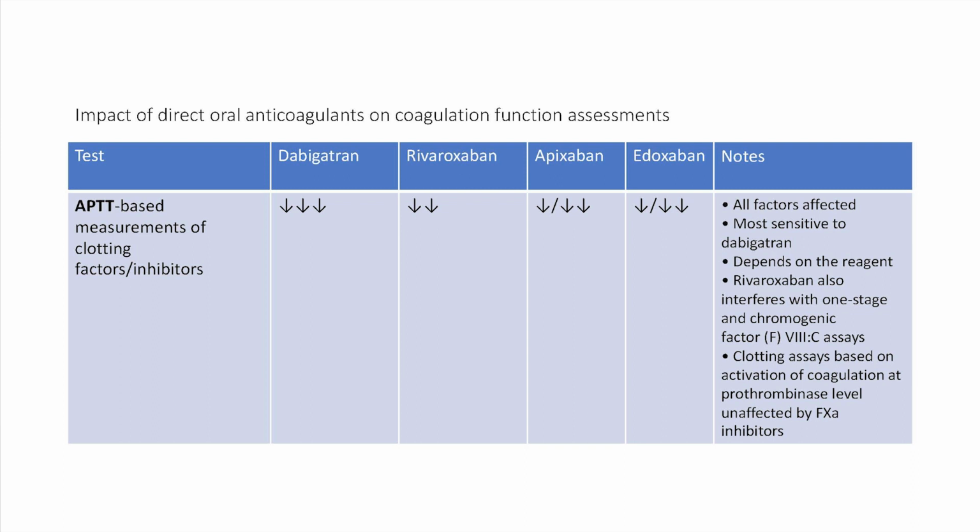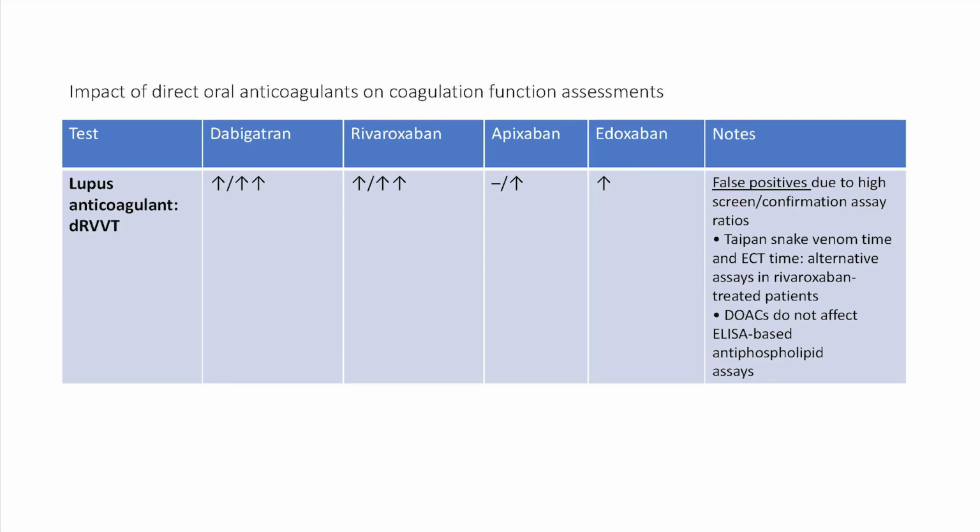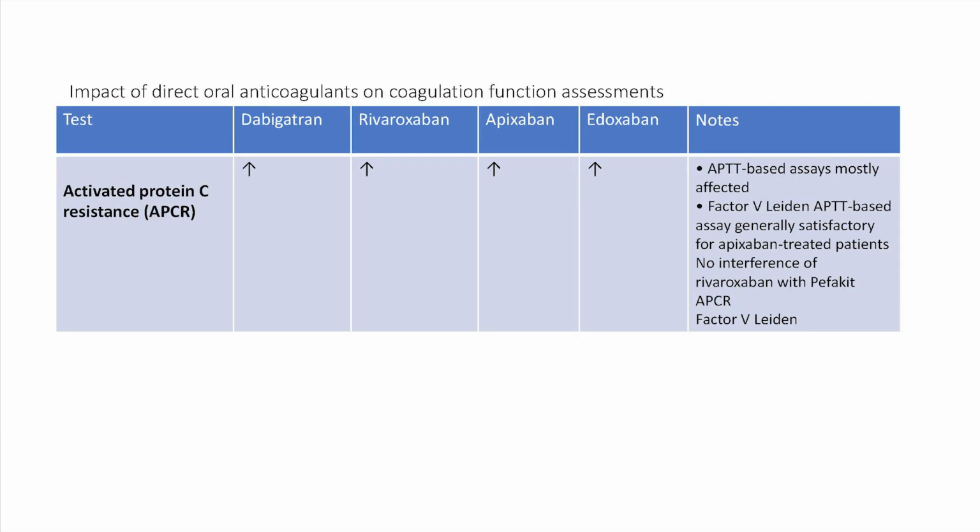APTT also is affected by the presence of all these anticoagulants. Lupus anticoagulant will be affected, with an increase in the case of dabigatran, rivaroxaban, and apixaban may be normal or increased. Edoxaban will increase the lupus anticoagulant level, so this will interfere with the result of screening for lupus anticoagulant. Also, activated protein C resistance can be affected by the presence of dabigatran, rivaroxaban, apixaban, and edoxaban.